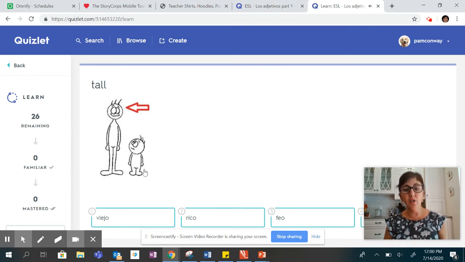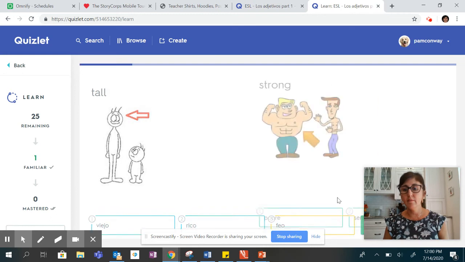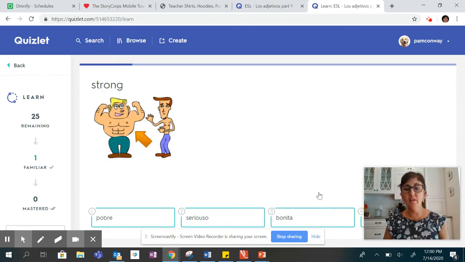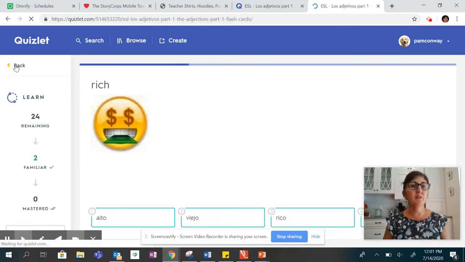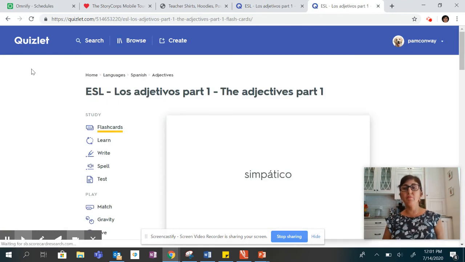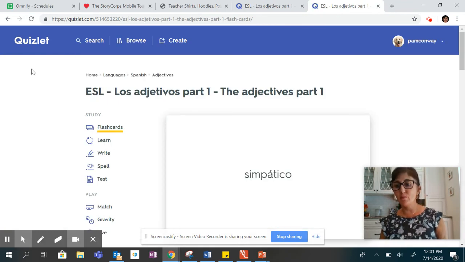If I hit tall, you would put in the correct form. Strong. And you would hit the correct form over here and go back and forth. It's a great learning tool. I don't know that you're getting to see this as well as I'd hope, but at least we practice some with it. Again, these links will hopefully be on the bottom of the video somewhere for you to access.